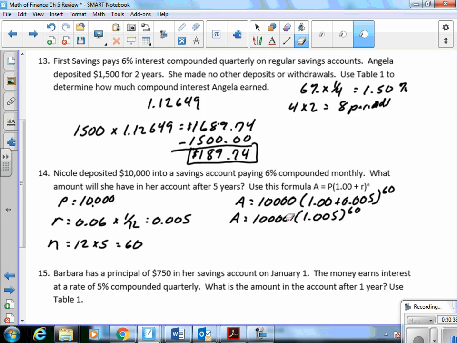And type that into our calculator. A equals 10,000 times 1.005 raised to the 60th power. And we get 13,488.50. So over 5 years, she's gaining $3,488.50.